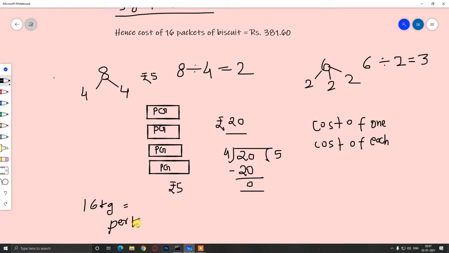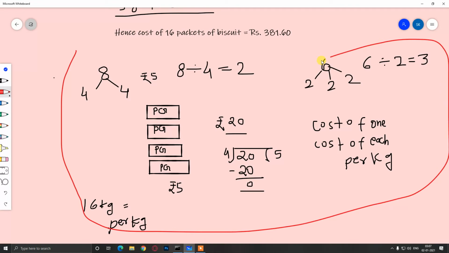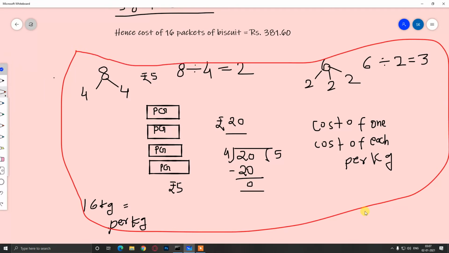Cost per kg means also 1 kg. So in this case also you have to do the division. Now we will start the questions. This thing you will not write, this whole thing is just for understanding, so do not write it.